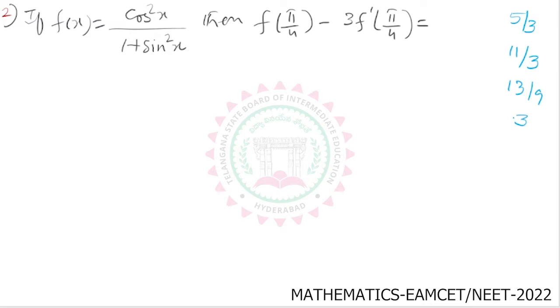Okay. What is given? f(x) is defined as cos square x by (1 plus sin square x). So we have to find the value of f(pi by 4) minus 3 f dash (pi by 4). Okay. Now write down the solution. Here it is in the form of u by v.